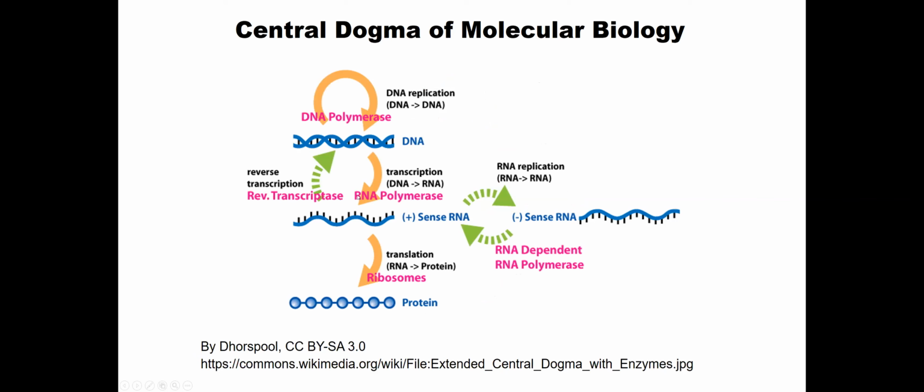That's why sometimes they need to make not only DNA to RNA, sometimes RNA to DNA. In this case, we need a different enzyme, the so-called reverse transcriptase. And also sometimes RNA polymerases make RNA synthesis based on an RNA template. This can also be found. So the central dogma becomes much more complicated.